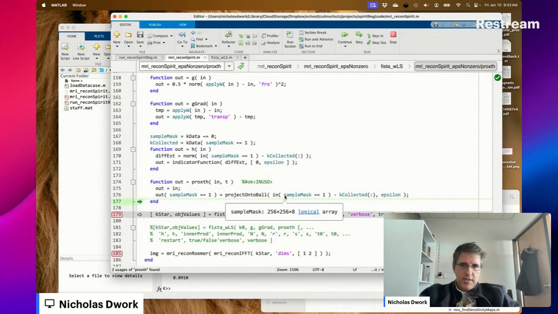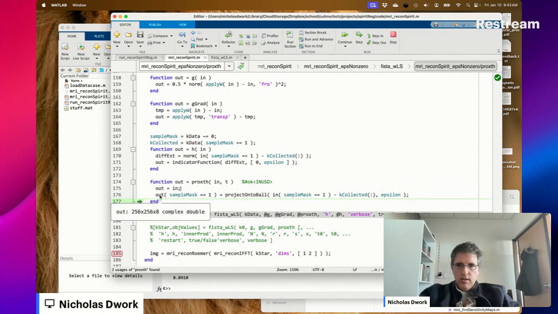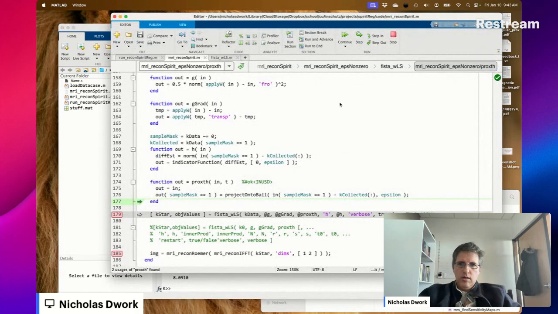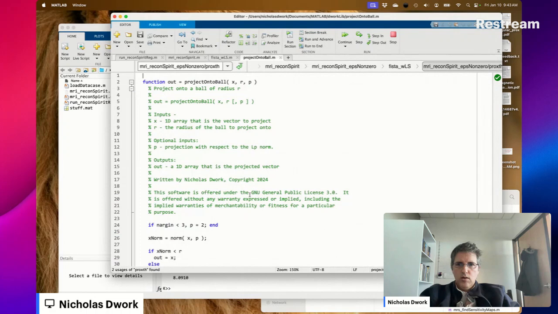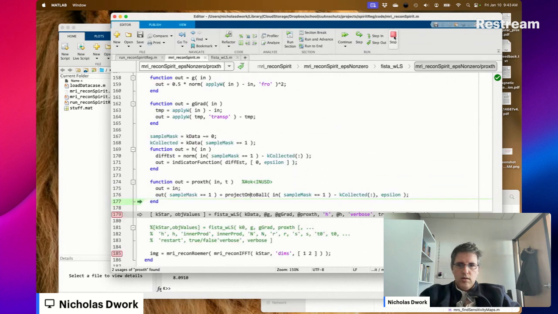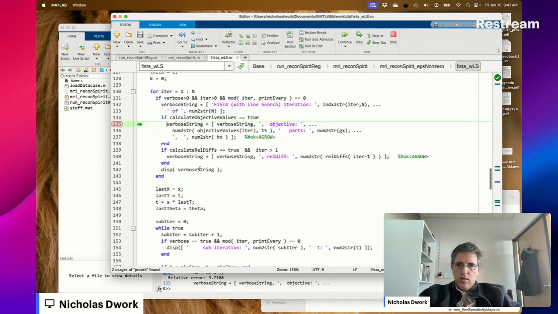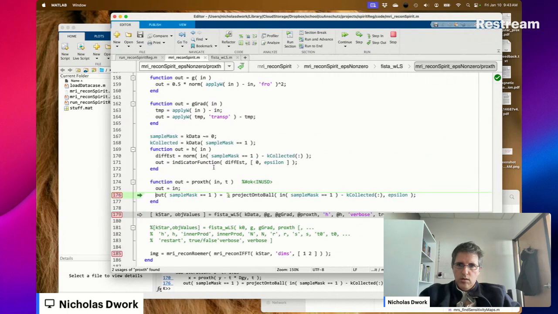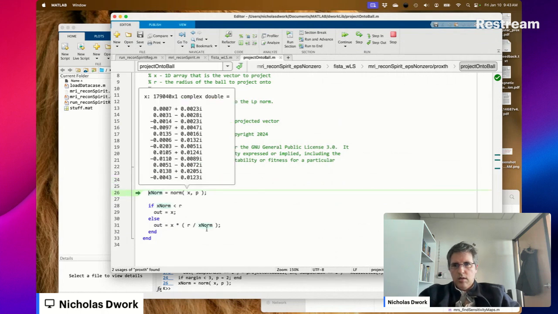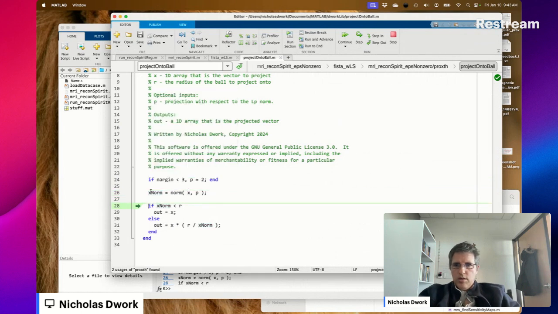Does projecting onto a ball not project onto a ball? The norm is 18.